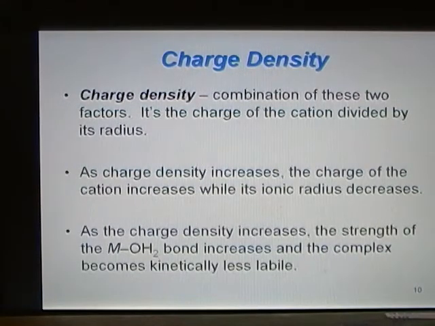As the charge density increases, the charge of the cation increases while its radius decreases. As the charge density increases, the strength of the metal-ligand bonds increases, and the complex becomes more kinetically stable, or inert.